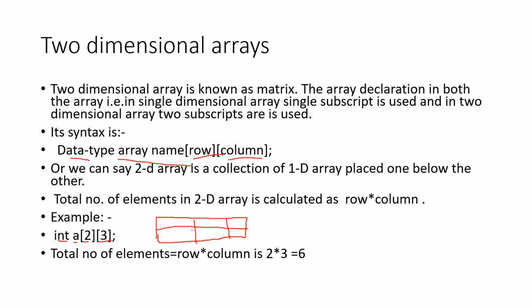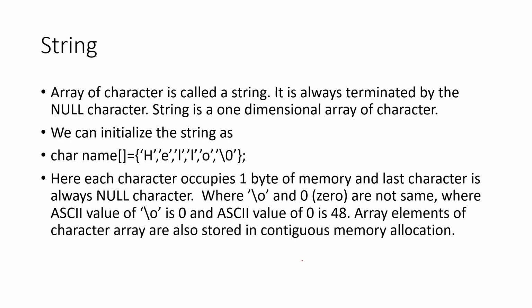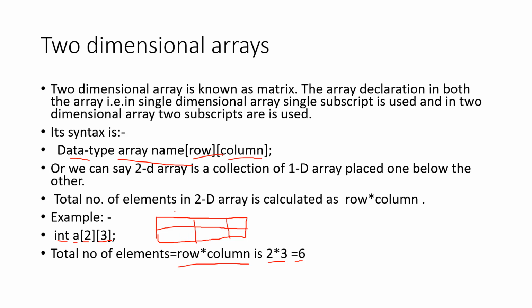The total number of elements is row into column, which is 6. The total size is the total number of elements into the data type size. This is an int type variable, and with 2 bytes it acquires 12 bytes.